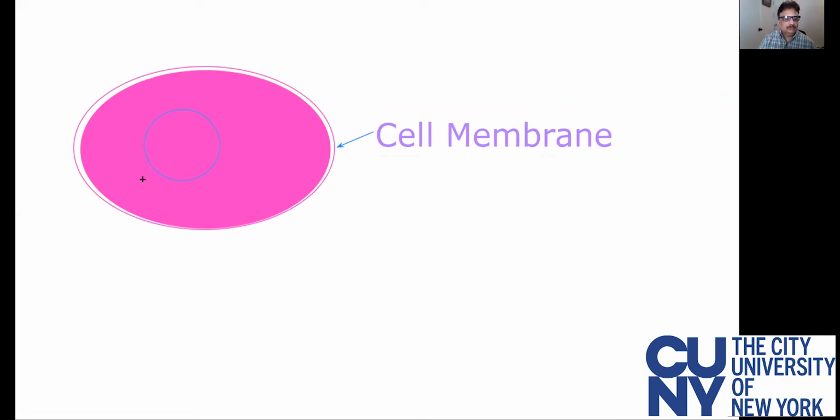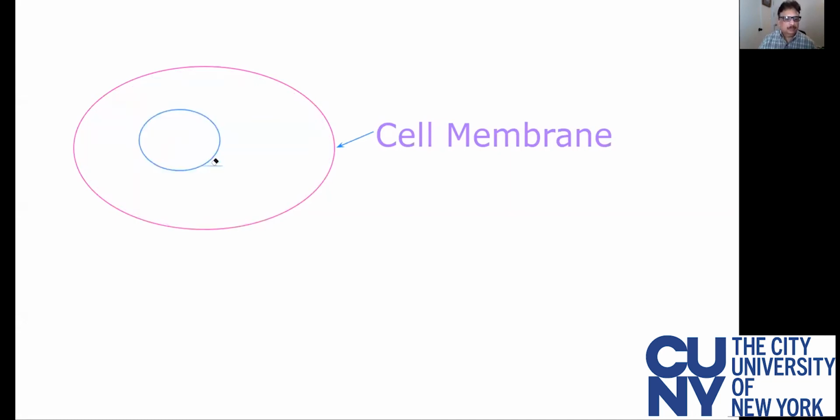Now, as mentioned, human cells have a nucleus. This nucleus is present inside the cytoplasm. Let me draw it again. So this is the cell membrane.